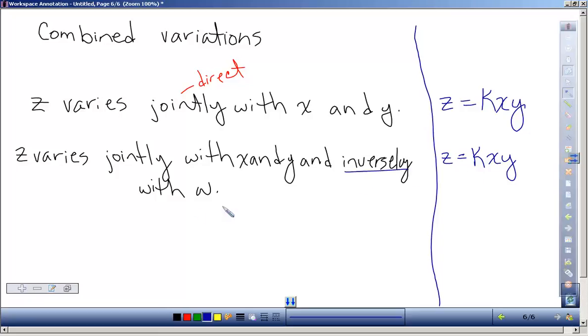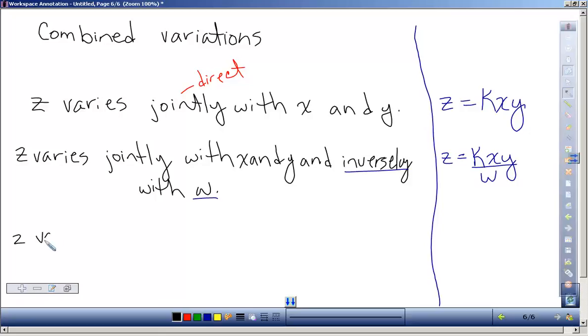Now jointly, we said was k times. So it's going to be k times x and y, but it's inversely with w. Inversely means k divided by, but it's going to be the same k. So that means that k is divided by w. So w goes down on the bottom. All of this ends up in one single equation. There's one k. Jointly was a direct relationship, so it was k times these two. Inversely was k divided by, that's an inverse relationship, so it's k divided by w.